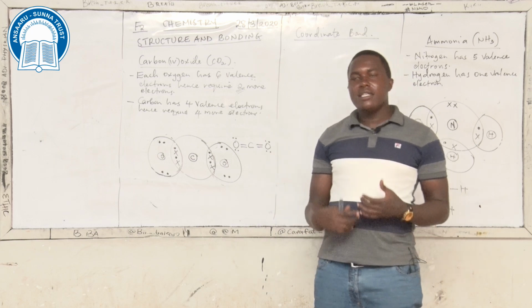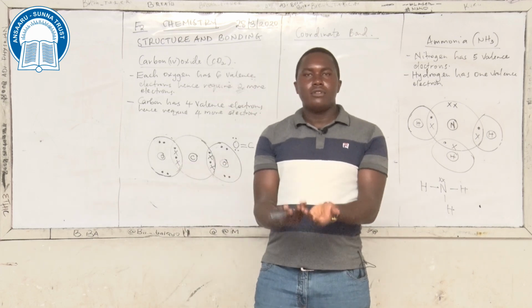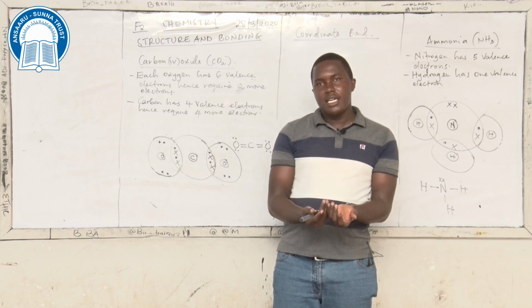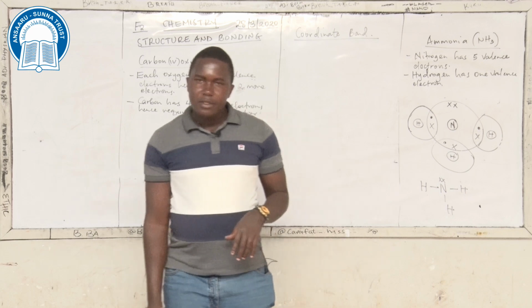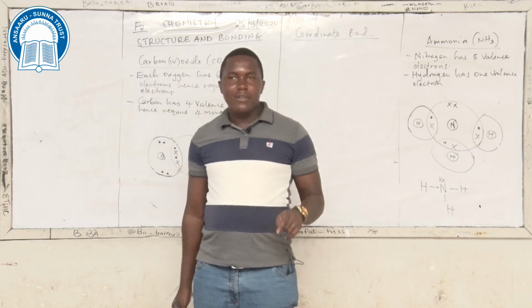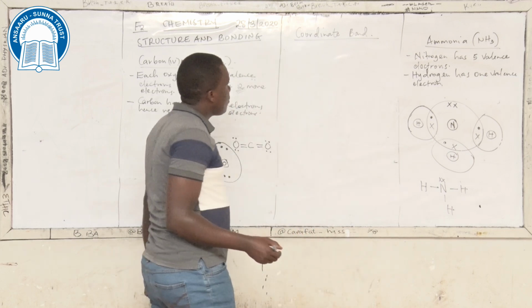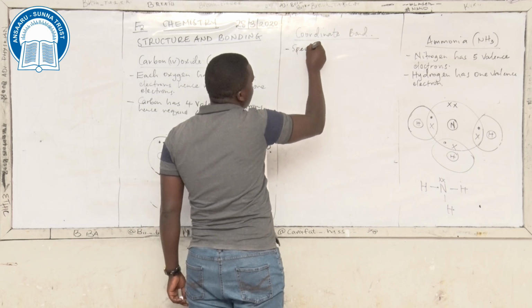But sometimes there are some generous non-metals that decide to give both of the electrons that need to be shared. This always happens in few molecules, whereby the bonded electrons, the shared pair of electrons, come from only one atom instead of the other one also donating.